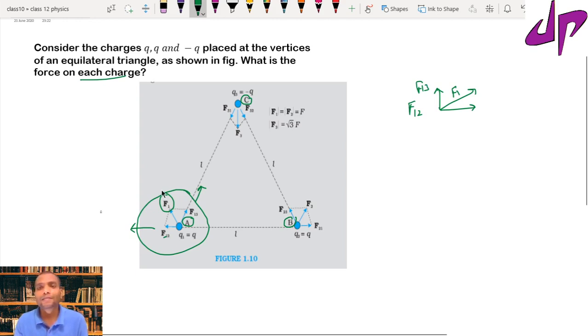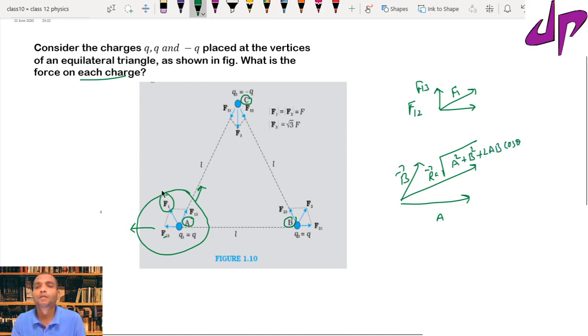Let me remind you that if A bar is a vector and B bar is another vector, the resultant of A bar and B bar is R bar. So remember the formula: R equals square root of A square plus B square plus 2AB cos theta. That gives the magnitude of the vector. I will use the same formula here.